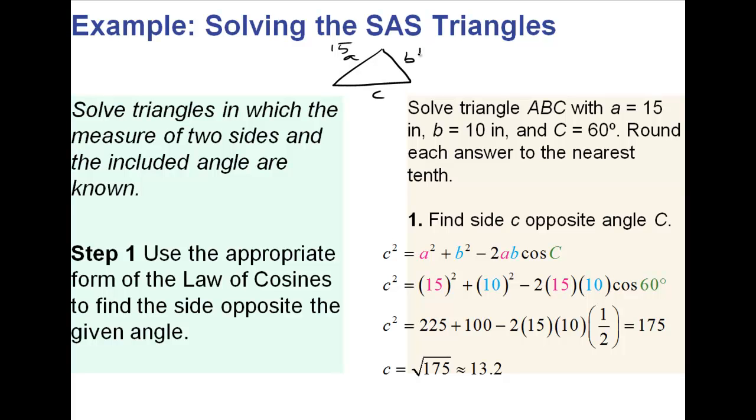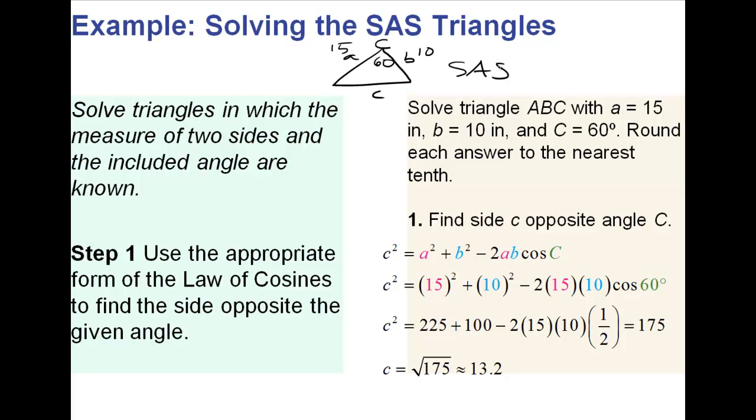They tell us this is 10. Where does angle C have to go? It has to go here, right? The angle is always opposite the side that it's named with. And so now we have side, angle, side, and we have a SAS triangle.